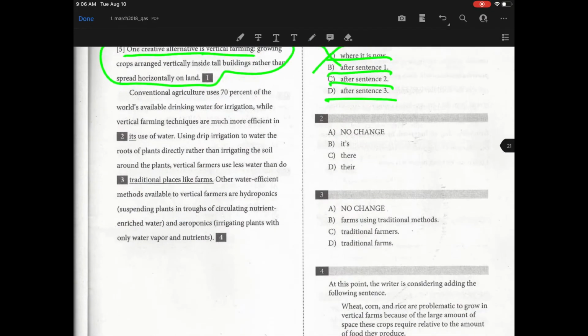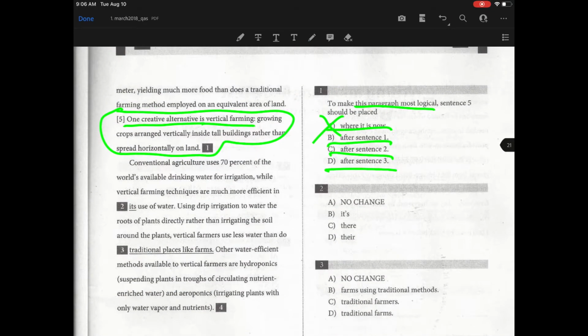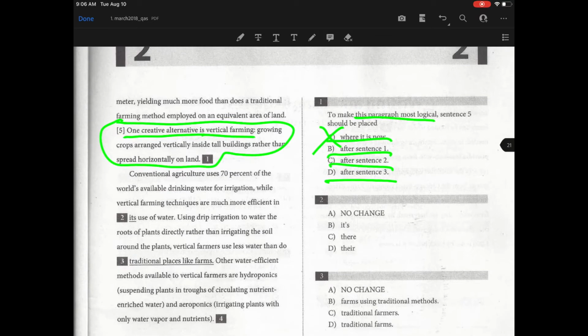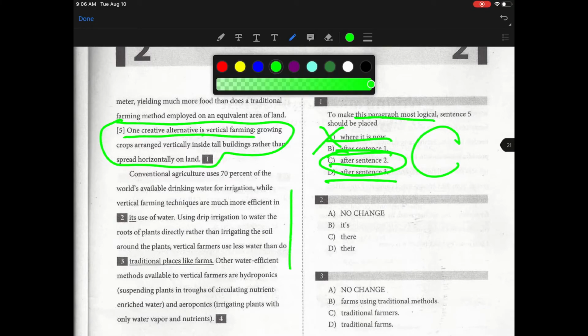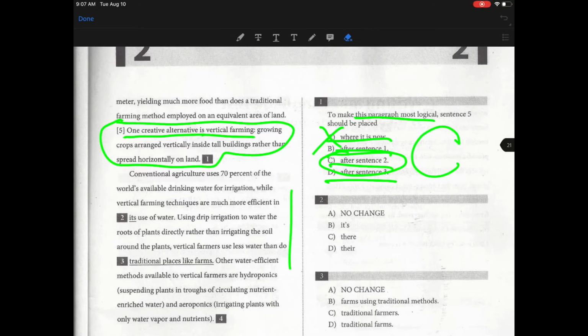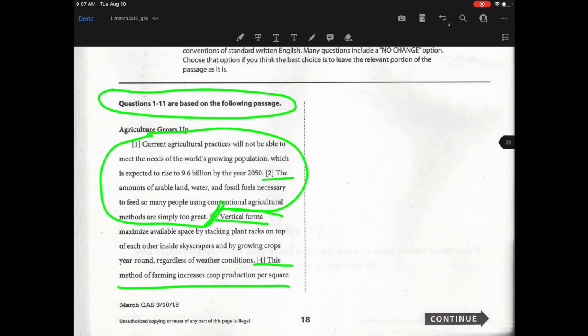Now let's see what we have in there. After sentence 3? No, after sentence 2. Yep. Here we go. This is C. After sentence 2. Because this is where our definition of vertical farming should go. The amounts of arable land, water, and fossil fuels necessary to feed so many people using conventional agricultural methods are simply too great.